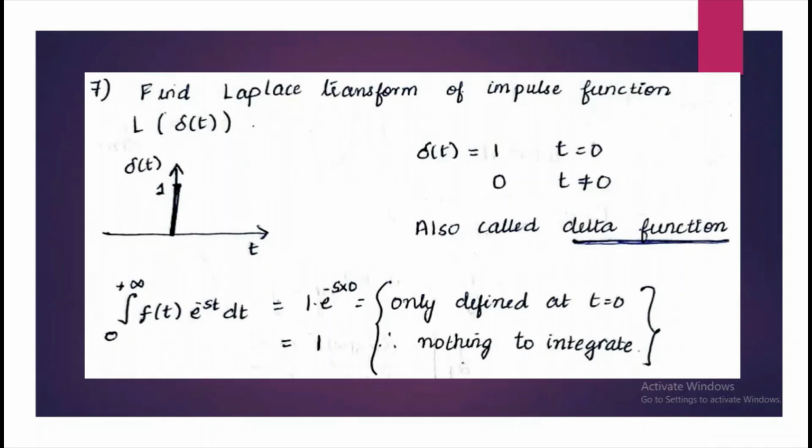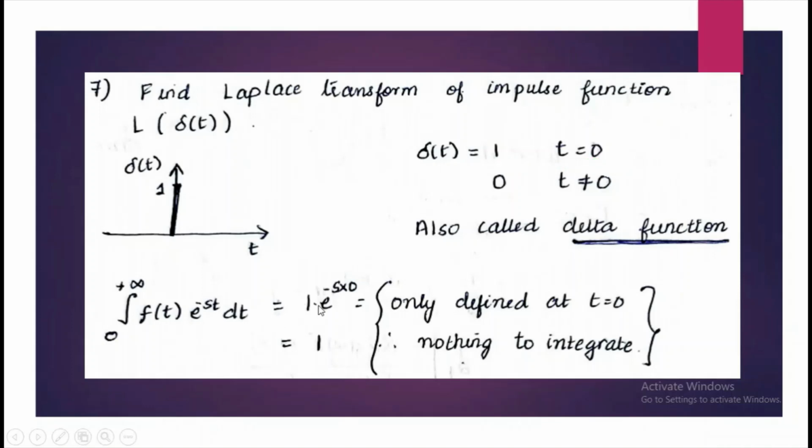So this is called a delta function, and we have to understand that by using most of the transforms, whatever we do, we get the transformed delta function as 1. So let's see how to do it in the Laplace transform. At all other points other than t equal to 0, delta t is equal to 0. So there is no integration sign over here.